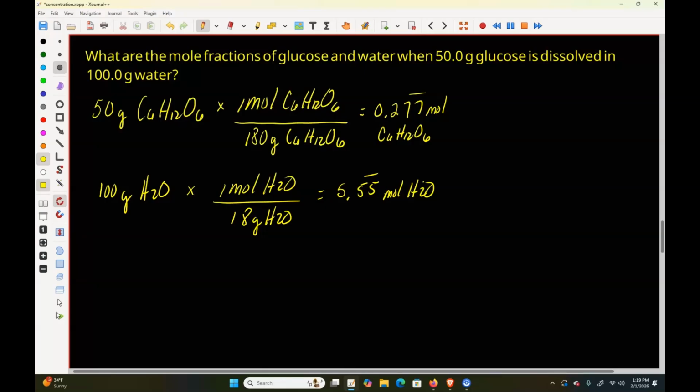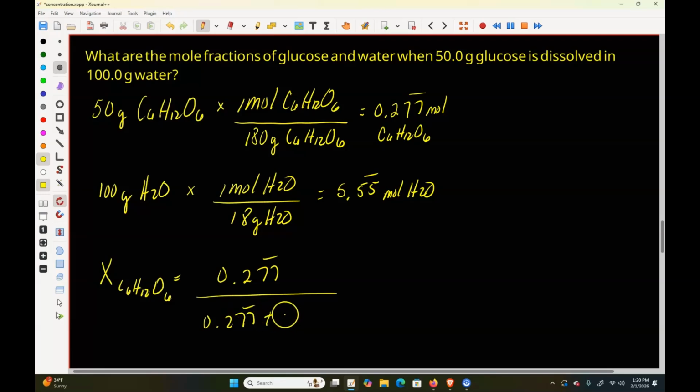So we're solving for the mole fractions. So the mole fraction of C6H12O6 will be the moles of this, which is 0.277 repeating, over 0.277 repeating plus 5.55 repeating.